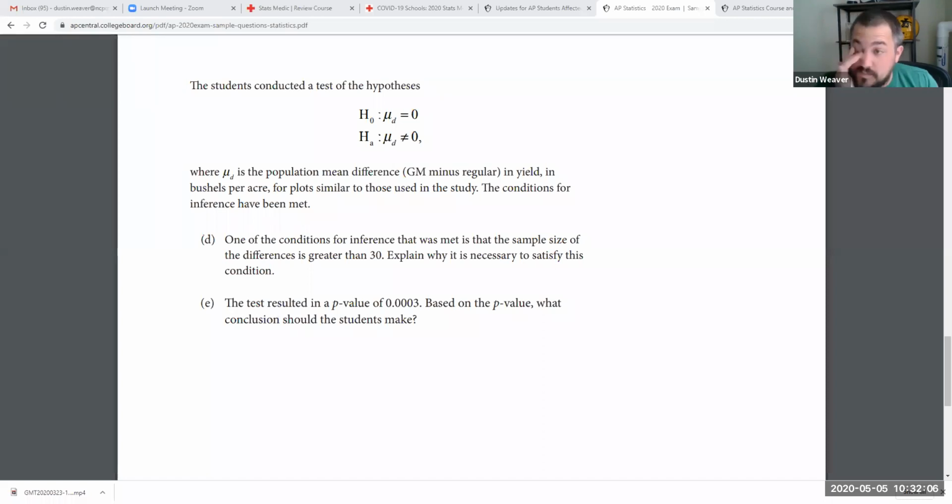Because we have 3 common significance levels that we use, 0.10, 0.05, and 0.01. This p-value is 0.0003, okay? It is much lower than any significance level that we may use. So what would be our conclusion? Can anybody give me the entire sentence maybe?